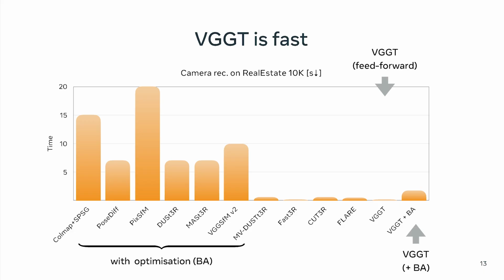So here we see on the slide our camera reconstruction results on RealEstate10K, just a benchmark. On the left, you see methods that use bundle adjustment. The next set of methods are feed-forward methods that do not use bundle adjustment, and they are a little bit worse or on par. Now, VGGT is actually better without optimization, all right? And if you really want to boost the performance, you can do so by running optimization on top.